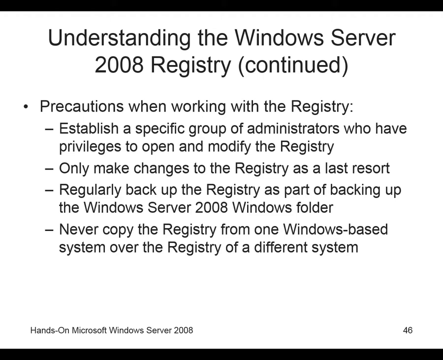Even if you have the exact same hardware from one box to the second in this room, when you copy it from one to the other, you've copied the license key and the computer name. Now I've got two computer names with the same IP addresses on the network. What's going to happen? Neither one will work. That's why you don't do it.